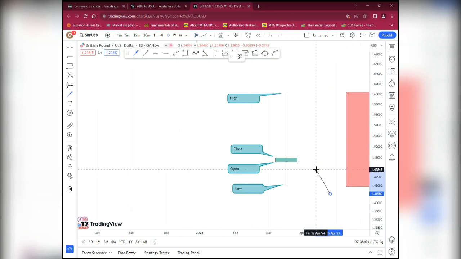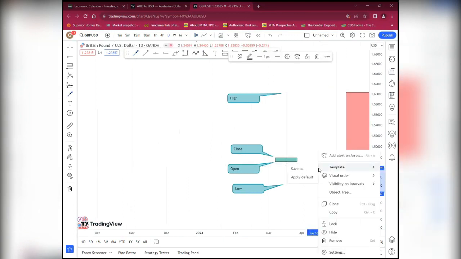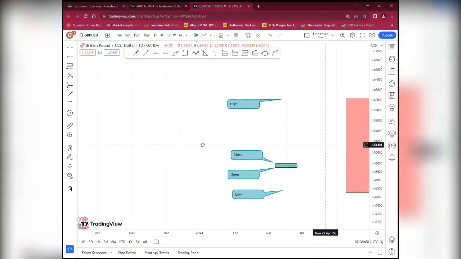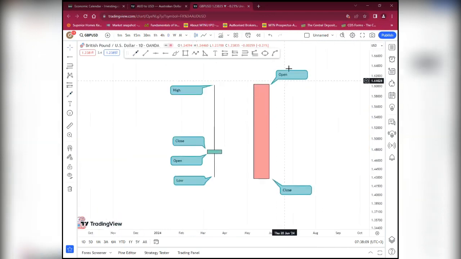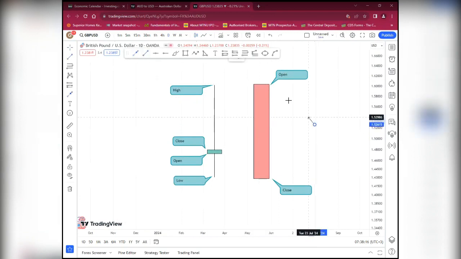So look at this other candle right here. This is a bearish candle, a massive bearish candle, and we're having opening prices up there. And fortunately, this candle had only selling pressure.